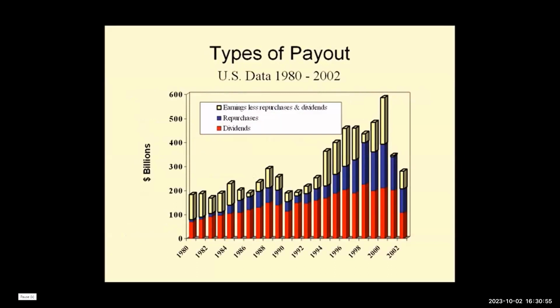And the maize portion shows retained earnings. Cash dividends, as a percentage of earnings, have declined in the most recent period in favor of stock repurchases, which have become almost as common a means of paying out cash to shareholders as cash dividends.